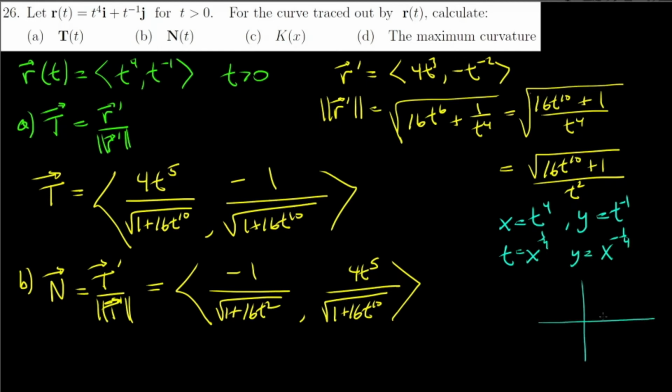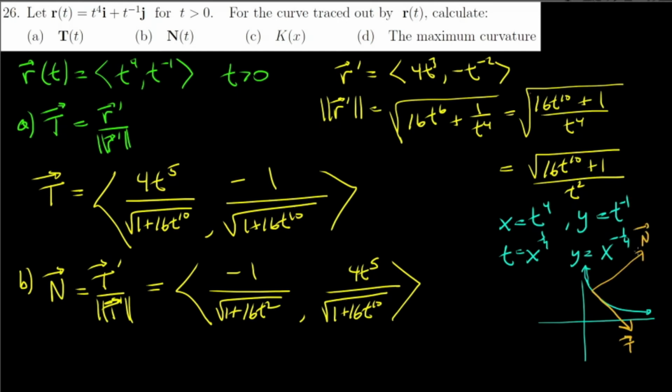So what does that look like? Something like this, at least for t positive. Oh yeah, t is positive. So a typical tangent vector will have a positive x and a negative y. That means you're going this way, which means your n will be pointing this way.